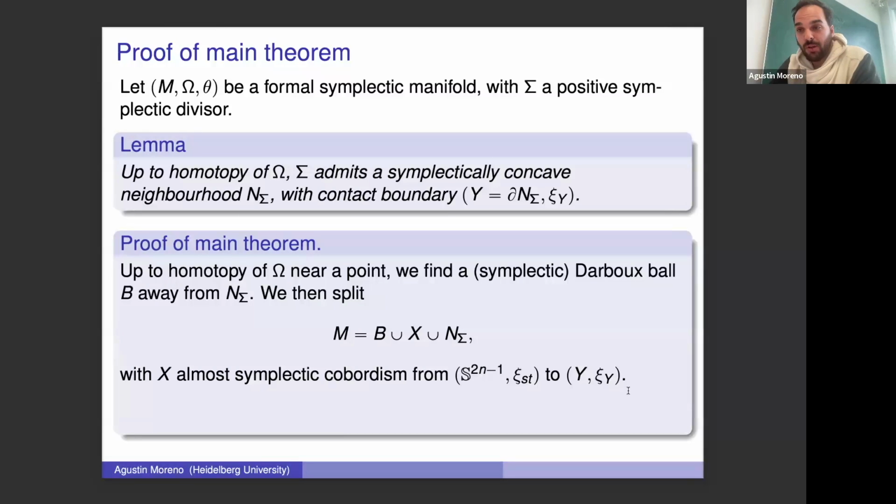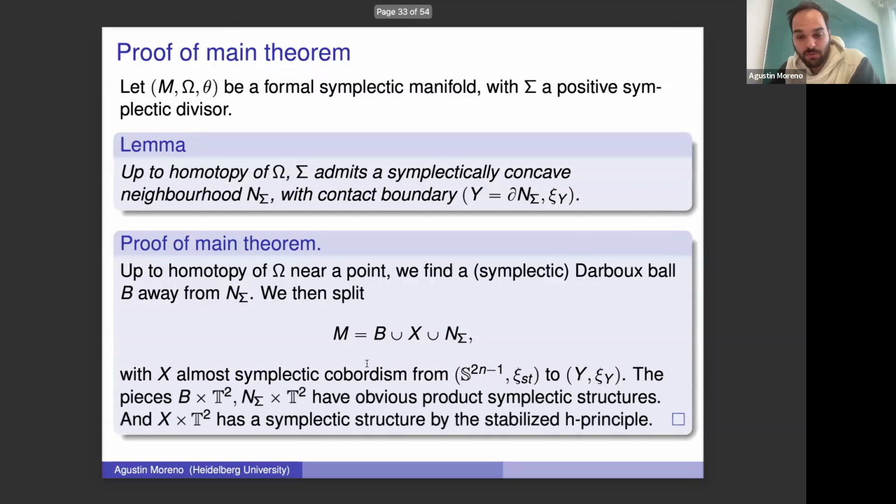So if I take the product with T2, of course, I have a symplectic structure on B and on this neighborhood. So I also get an obvious product symplectic structure on the products with T2. But then I cannot get on the nose a symplectic structure on X. But the claim that I made before is that I can actually do that after I stabilize. So you just take the product with T2, and the stabilized h-principle allows you to conclude that you have a symplectic structure on X times T2.